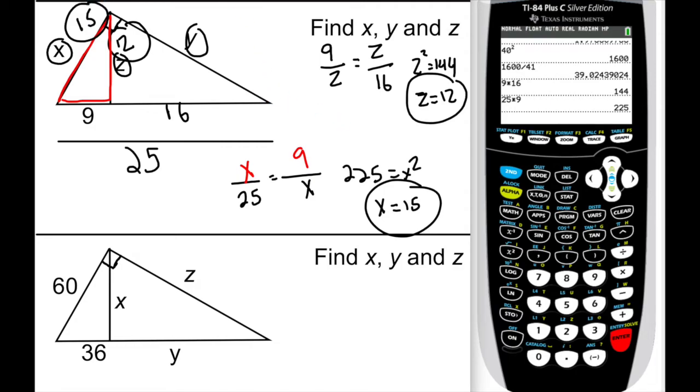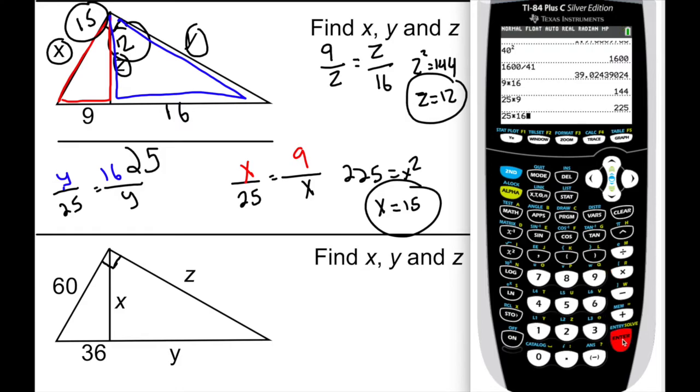Finally, y can be set up with a similar proportion, because I know that this blue triangle is also similar to the whole thing. So I'll set my proportion up. I know that y is the hypotenuse of the blue. 25 is the hypotenuse of the whole thing. Then 16 is the base of the blue, and 16 is the y of the whole thing.